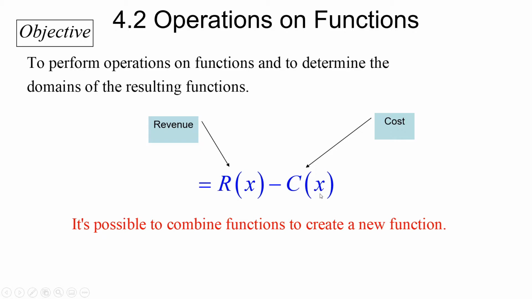And in the business world, what do you think revenue minus cost is? That's profit, p of x. So profit is the difference between the revenue and the cost function. We've done operations on functions to create a new function, in this case, a profit function.